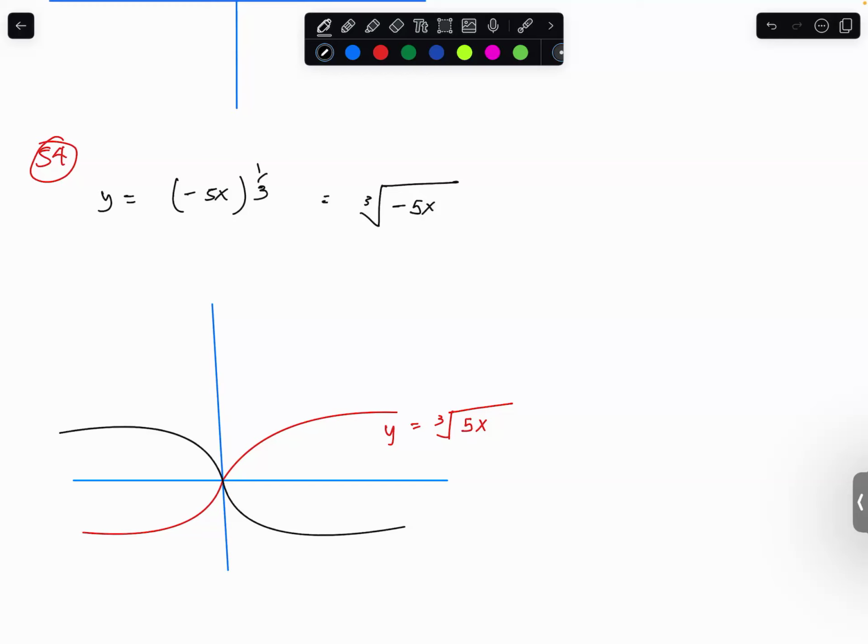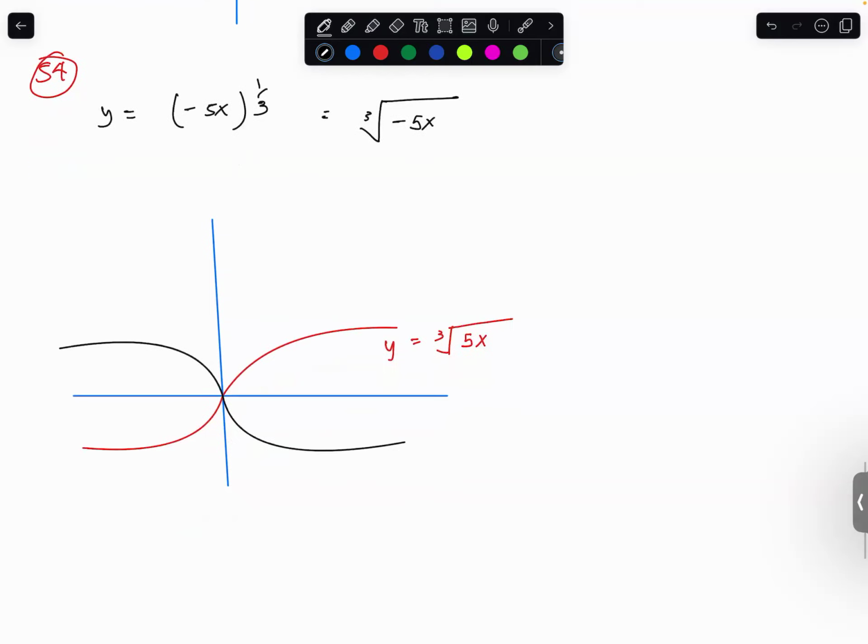So this black is the graph of y equals minus cube root of 5x, which is equal to minus 5x to the power of 1 over 3.